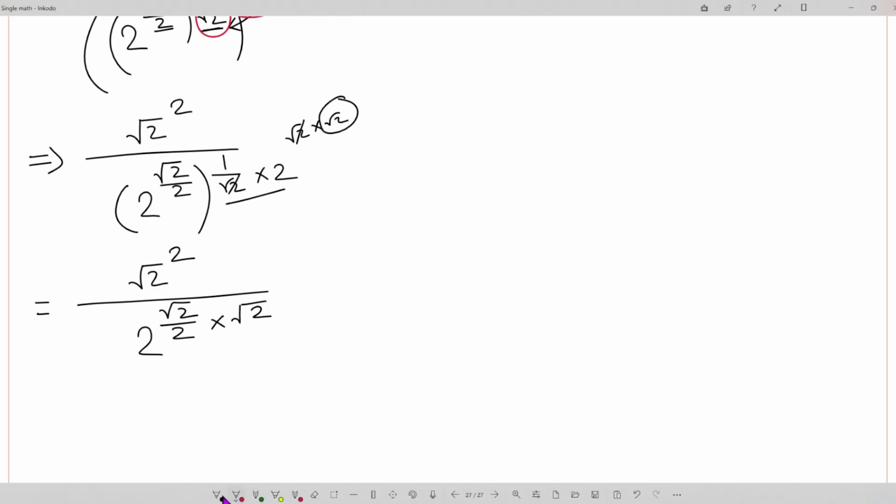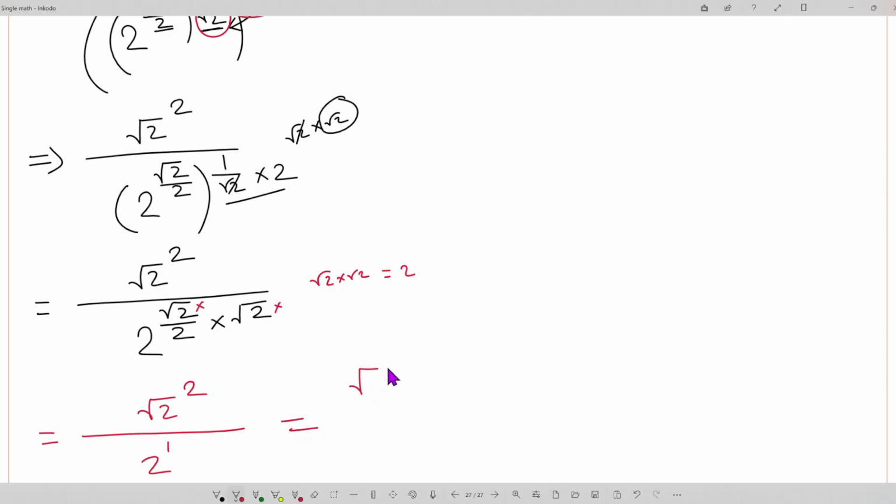Okay. Now look, root 2 to the power 2 and here 2, this root 2 times this root 2, it will be 2, right? Root 2 times root 2, it will be 2, and this 2 divide 2, it will be 1. Okay. So what will happen in here?